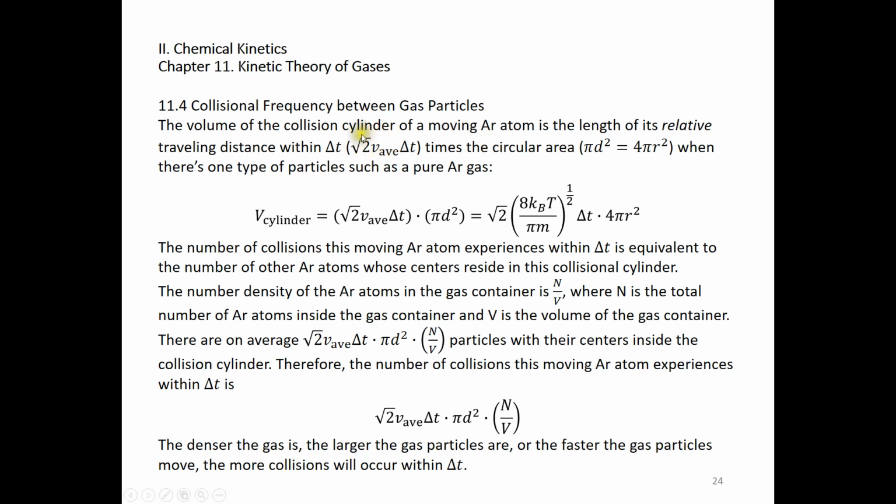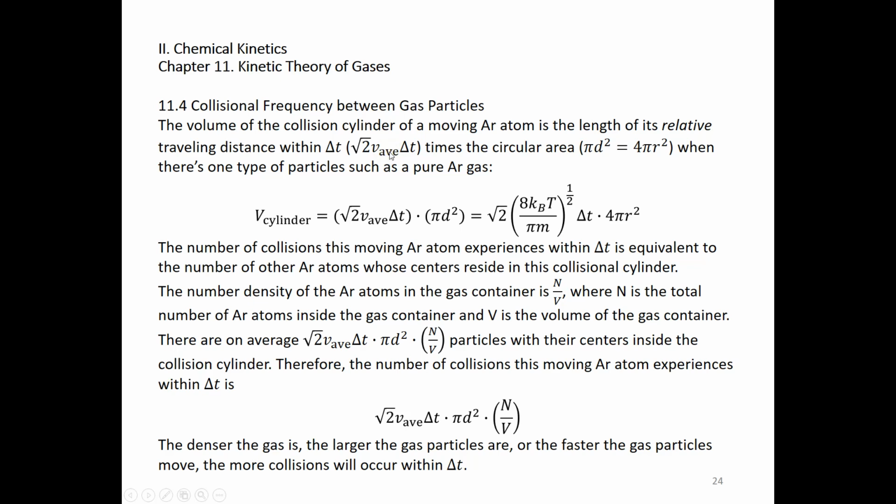And if we integrate over all possible orientations, the two argon atoms can move towards each other, and then the relative speed is 2 times the average. They can move away from each other, right?